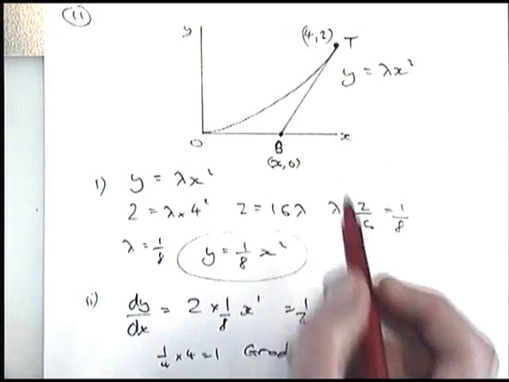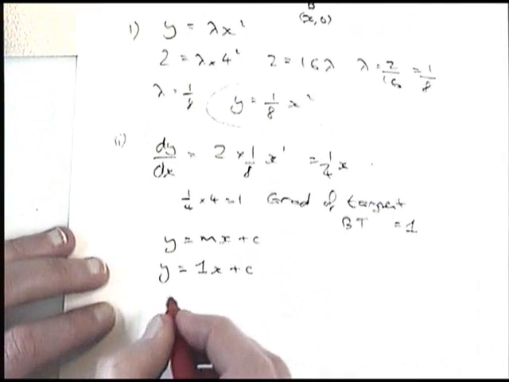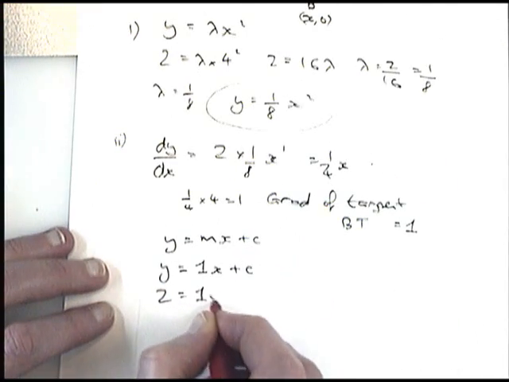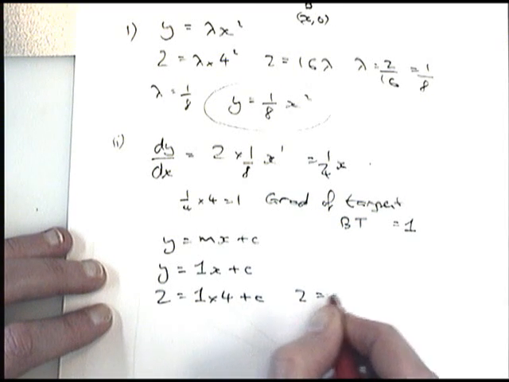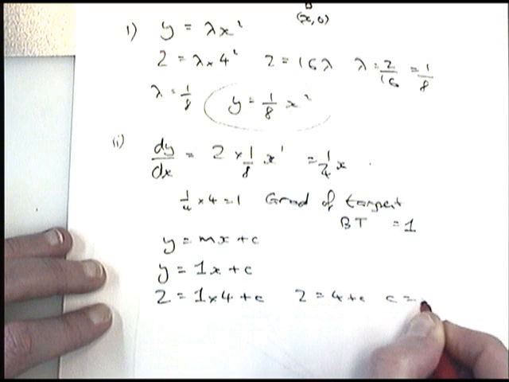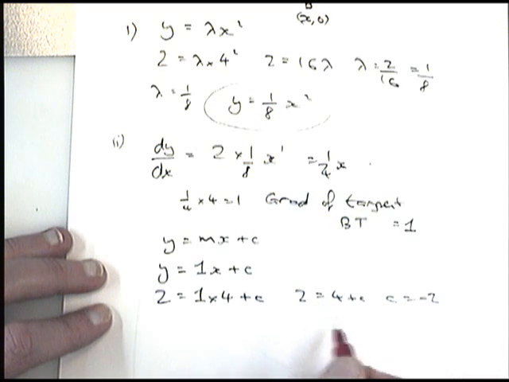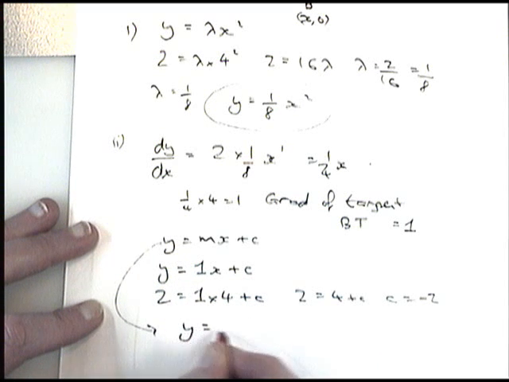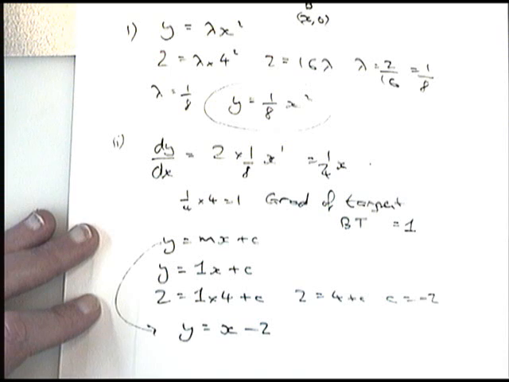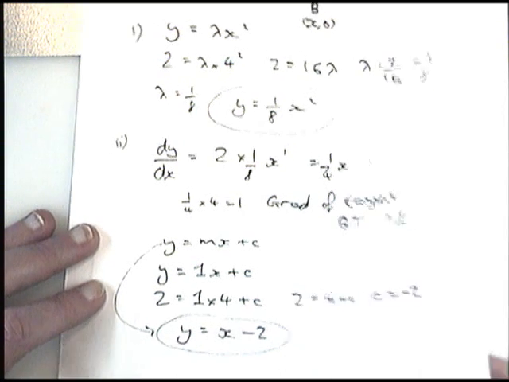We know it goes through the point (4, 2). So the 4 is an x number, the 2 is a y number. So I've got here 2 is 4 plus c. Well, c must be minus 2. It's 4 minus 2 is 2. So that equation will be y equals 1x minus 2. That is the equation of the tangent, the equation of the line BT.